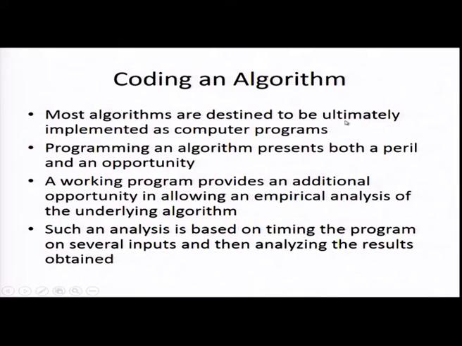When you do the coding of an algorithm, most algorithms are destined to be ultimately implemented as computer programs. Coding is nothing but writing computer programs in different languages, high level languages such as C, C++, Java, Python, and so on.